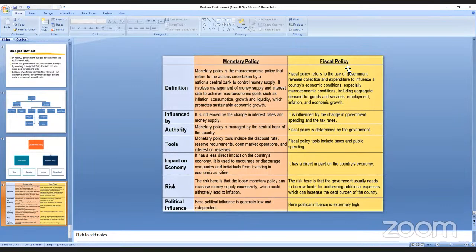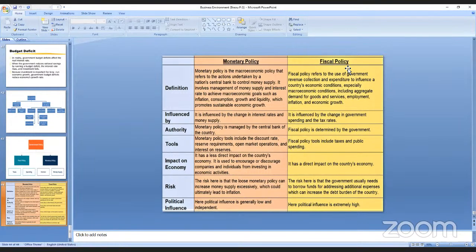Next, monetary policy is managed by the central bank of the country, and fiscal policy is determined by the government. Are you getting it? Yes, ma'am. The tools included in monetary policy are discount rates, open market operations and interest on reserves.